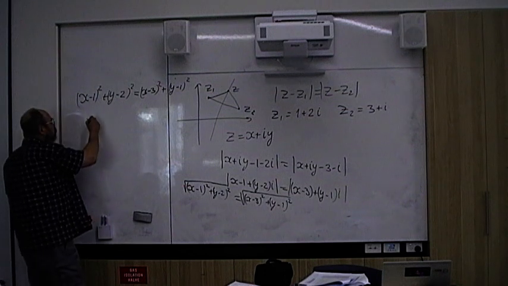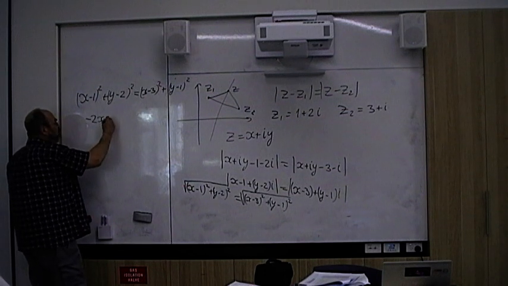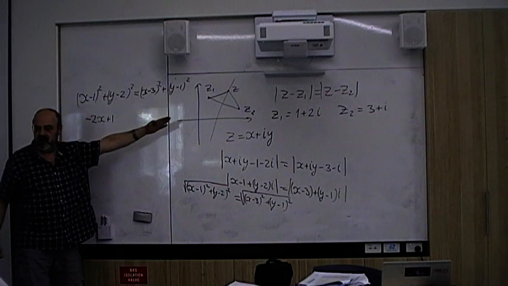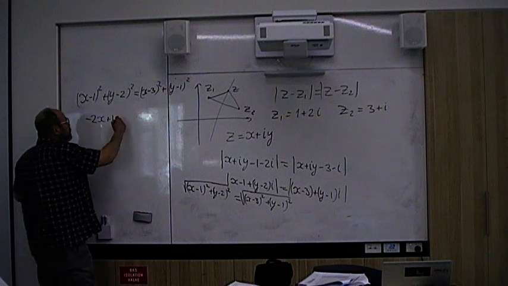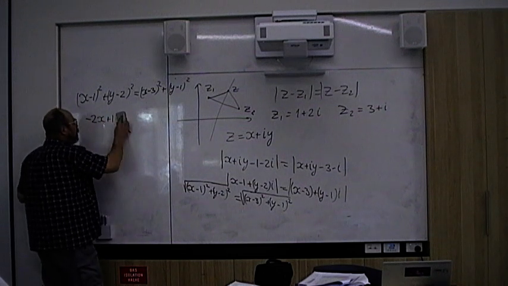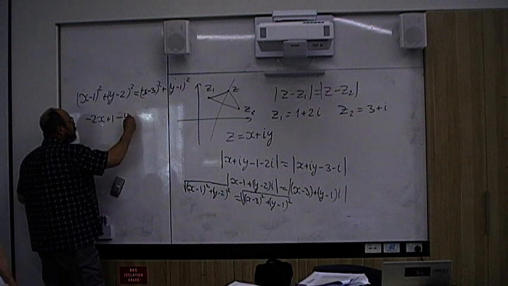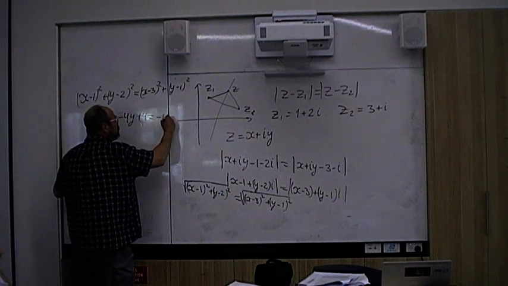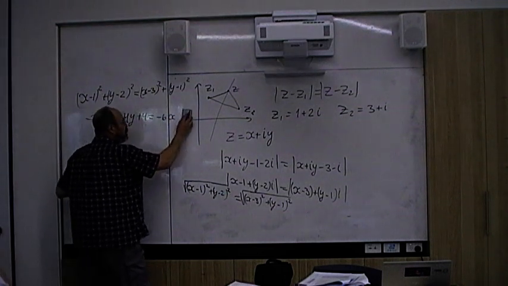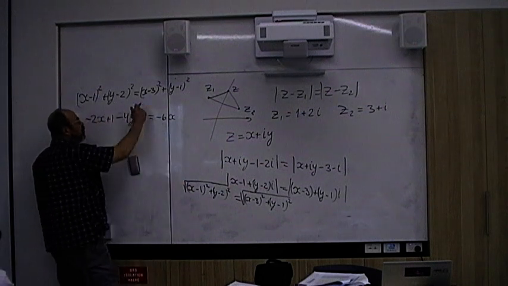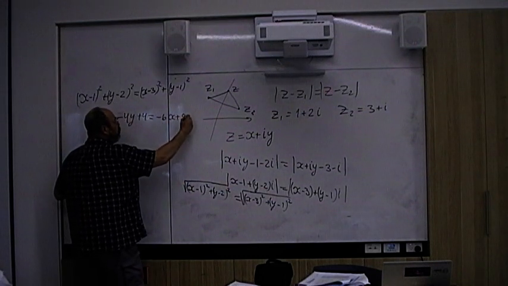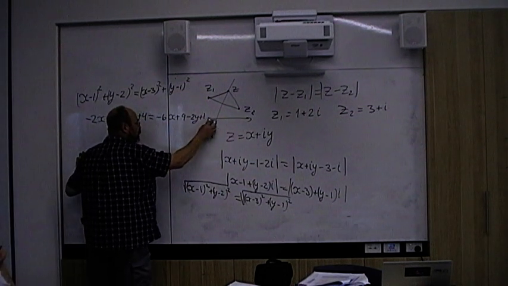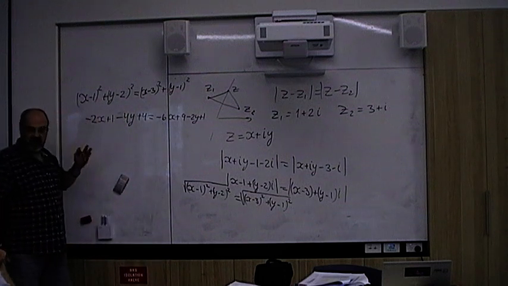So we have here minus 2x plus 1, minus 4y plus 4, equal, here we have minus 6x plus 9 minus 2y plus 1. I expanded brackets and got rid of x squared and y squared.